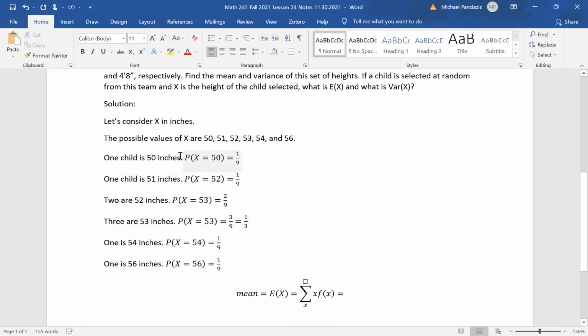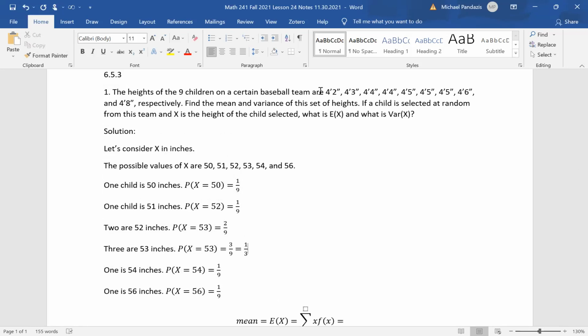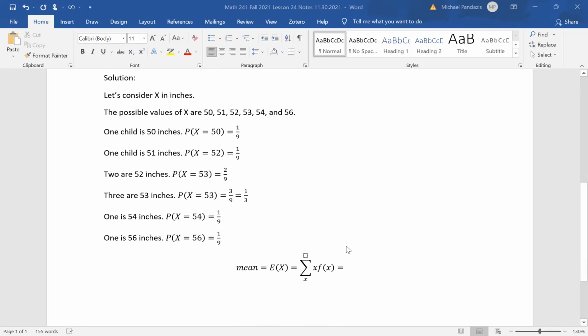Yeah. Okay, so it's just a matter of keeping track of the heights and the number of each. That's not hard. It's just annoying.